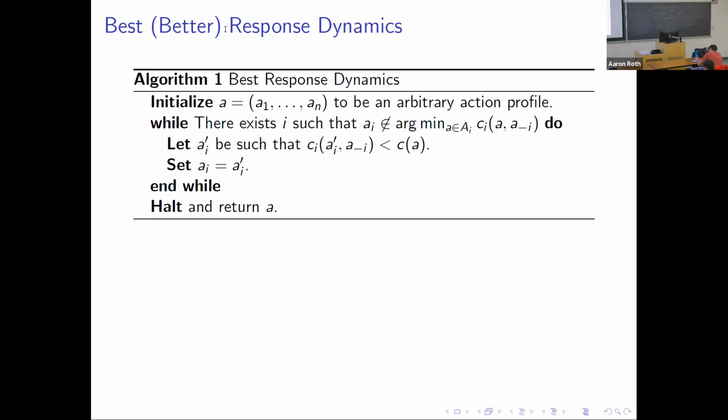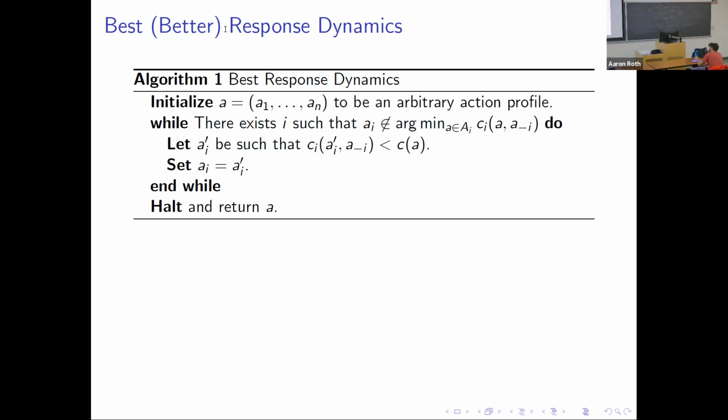We can let them change their action to a_i prime, where a_i prime can be any action that has lower cost given what everyone else is doing compared to what they were doing before. Doesn't have to be the one that optimizes it, just lowers it. Then they change their action and we continue. And only if everyone is playing a best response do we break out of this loop. This is what I mean by better response dynamics.